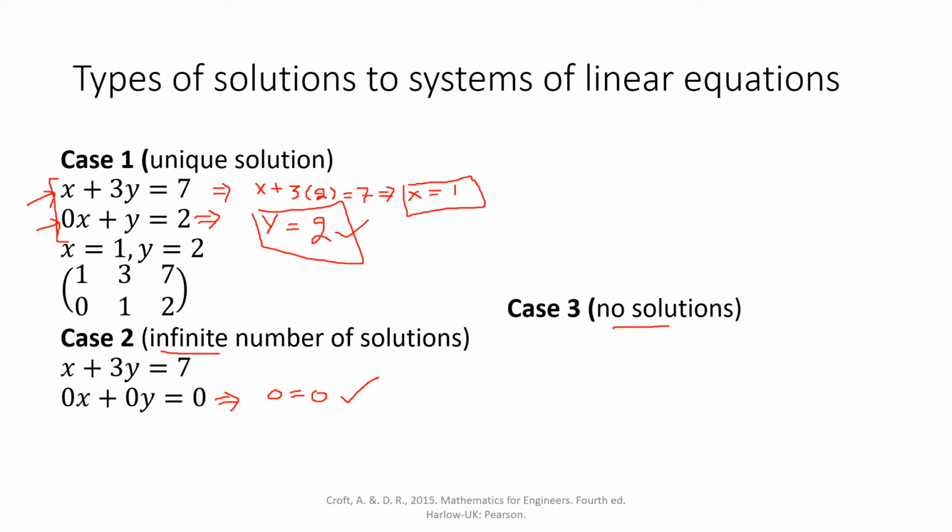Then what about the first one? I'm going to find x from here, so it will be 7 minus 3y.